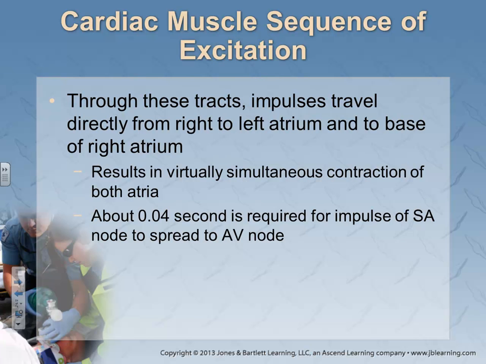So what it actually does is it goes by this Bachmann bundle here, and it sends the electrical impulse to the left atrium, but then it all comes back around to here, right? What's right here? The AV node. So it doesn't have its own tract where it goes down and stimulates the ventricle by the left side. It follows this circuit and it comes back here. Does that make sense?